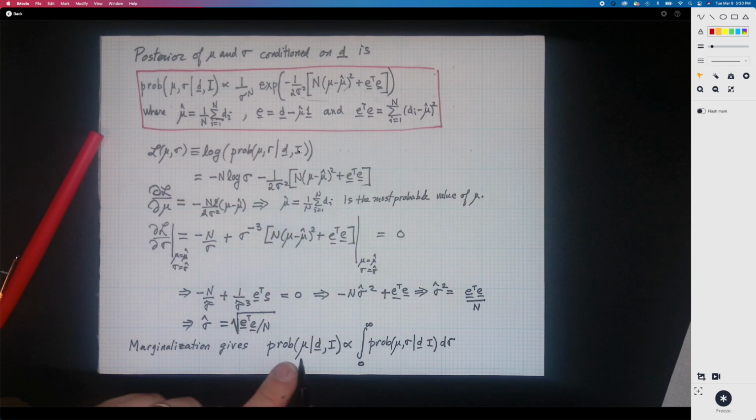And now I have a univariate probability distribution function for mu alone, and I've integrated out the parameter sigma. So now the posterior of mu alone, independent of what sigma is, is a better estimate for the uncertainty of mu. And we're going to do this integral next.